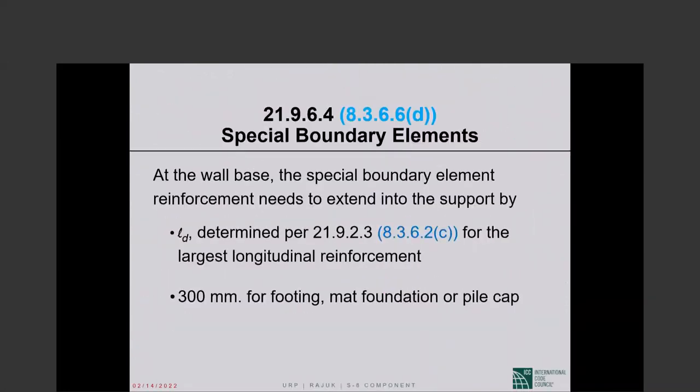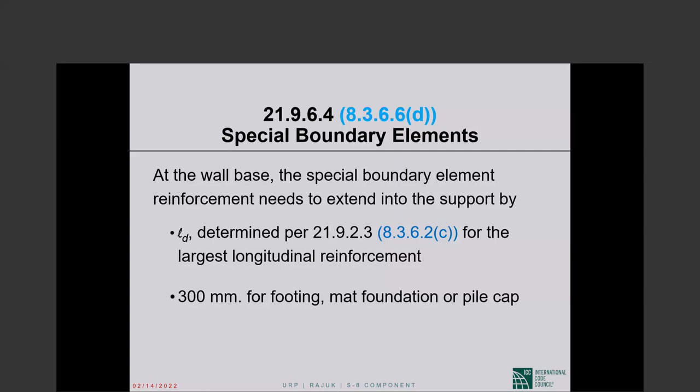However, if our shear wall is sitting on a footing or foundation or mat of some kind, then the special confinement shall extend into the foundation by one development length of the largest longitudinal bar or 12 inches, whichever is the larger of the two.